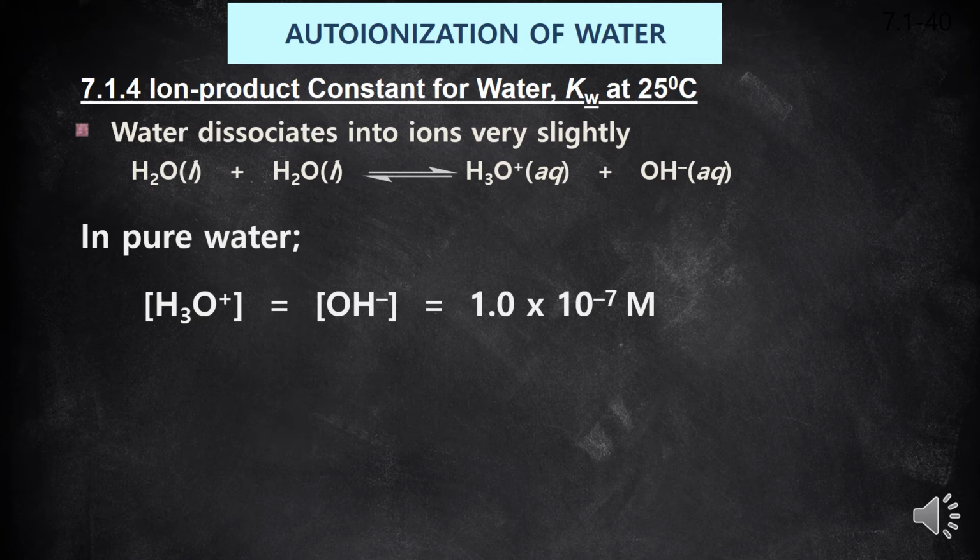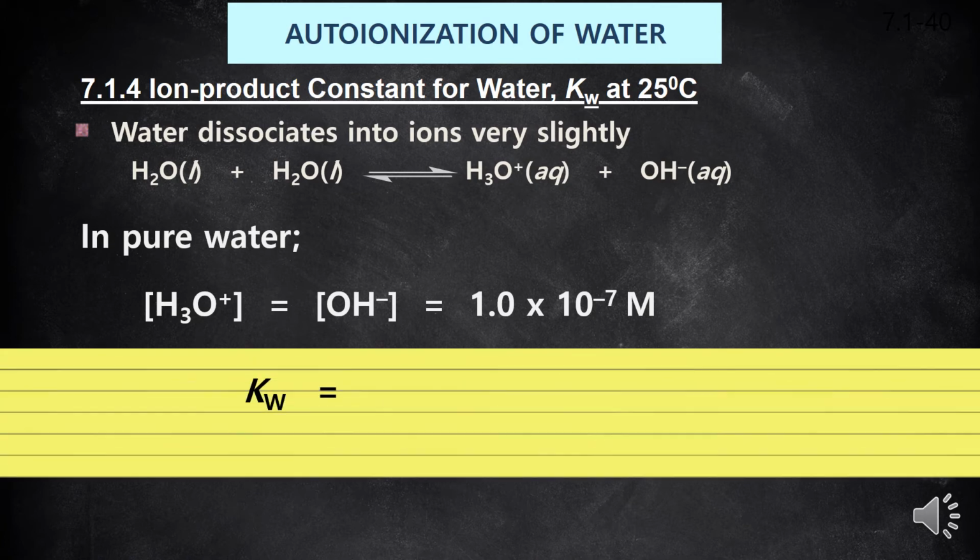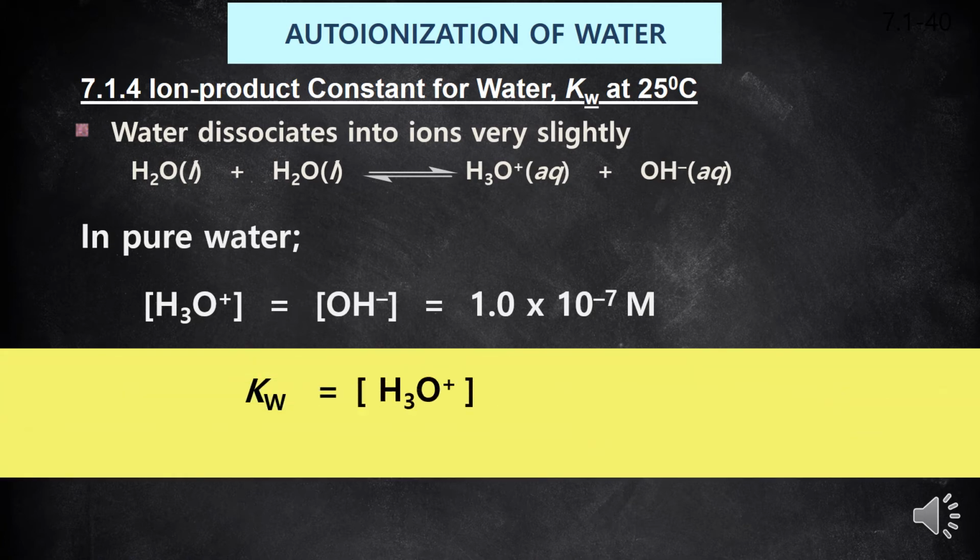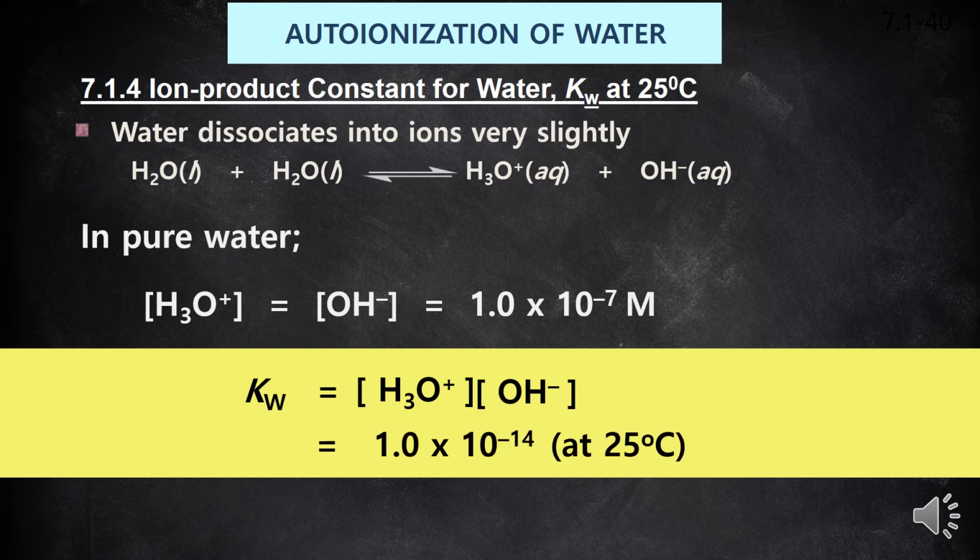The equilibrium expression for the above reaction is written below as Kw equal to the concentration of hydronium ion times concentration of hydroxide ion, and at 25 degrees Celsius, the value of Kw has been determined to be 1.0 times 10 power of negative 14.